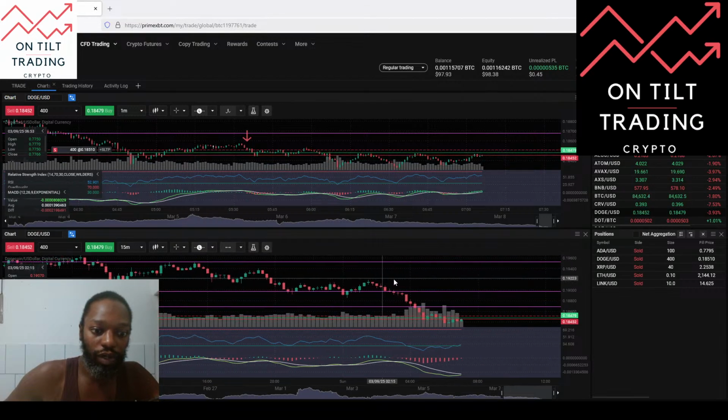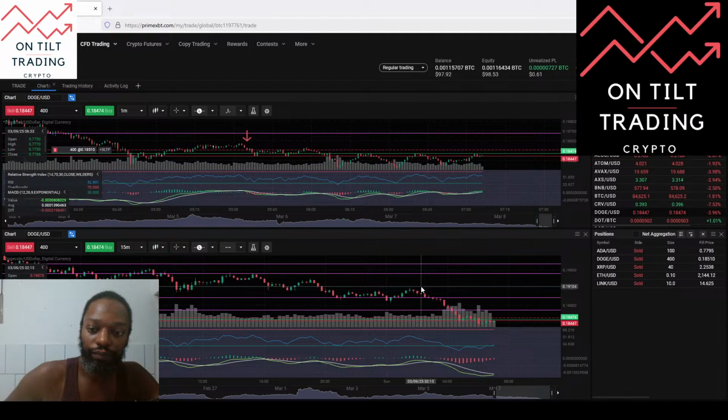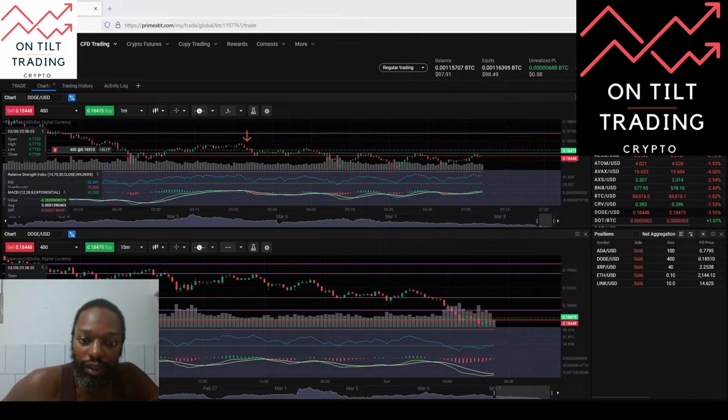So Doge, I was watching the same R3 to S3 traverse, but I missed it. Can't catch them all, but it did make the traverse, and then we can see it found support here at this S3 level.